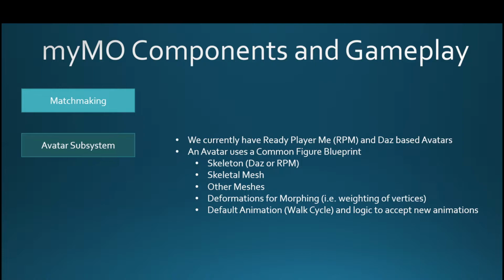It's got a skeletal mesh. A skeleton is the bone structure and the relationship of the bones to each other for applying animation to. The skeletal mesh itself is the actual mesh that is weighted on top of that bone structure. And so you could have one skeleton, like RPM, that might have 30 different meshes associated with it, or 50, whatever.